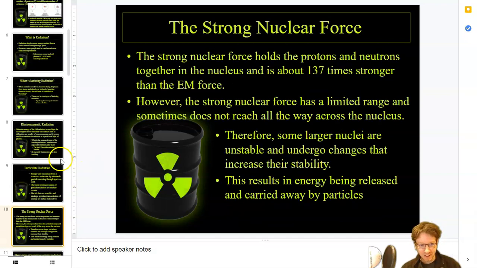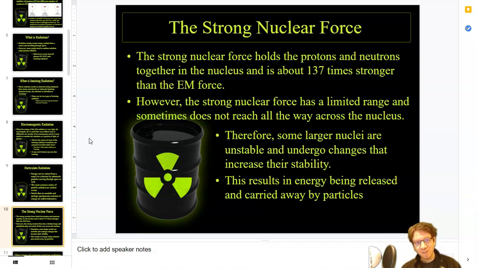So how does that work? Well, we have something called the strong nuclear force. Strong nuclear force is called the strong nuclear force because it's the strongest force we know of. It's 137 times stronger than electromagnetic force. And don't even talk about gravity. Gravity is extremely feeble. Right?